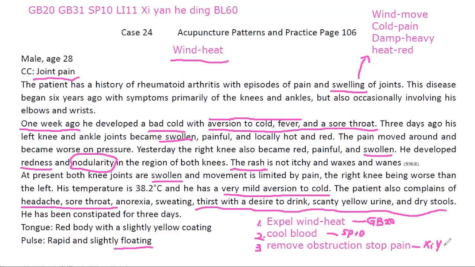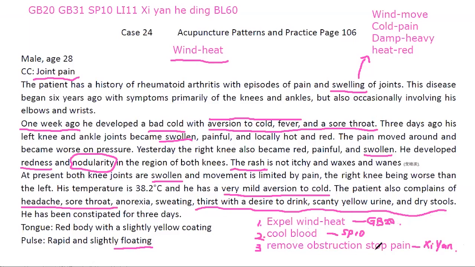Certainly, if we try to use 5 points, we can add another 2 points, maybe more to expel the heat because that's the main cause, or maybe add another point focusing on local pain. But pay attention, your points need to cover all of these 3 aspects, your treatment principle.